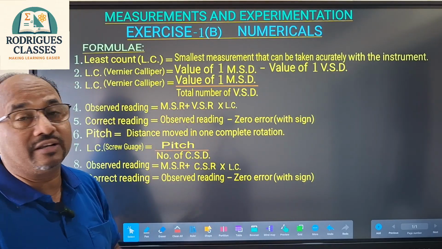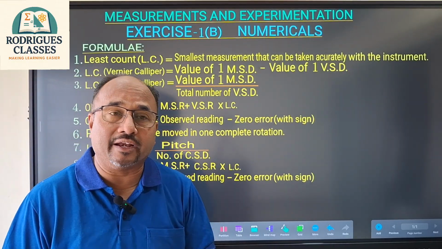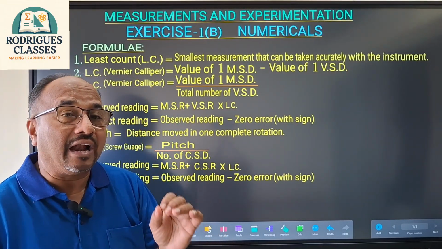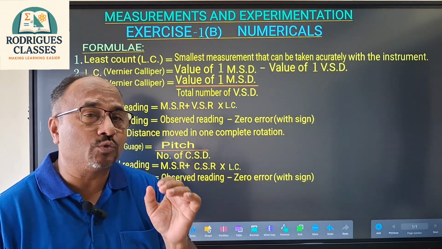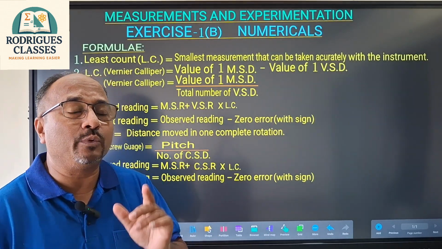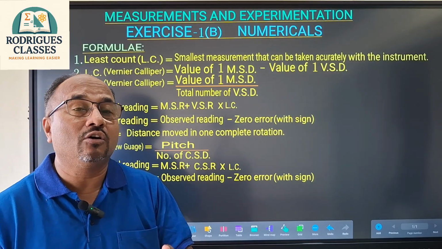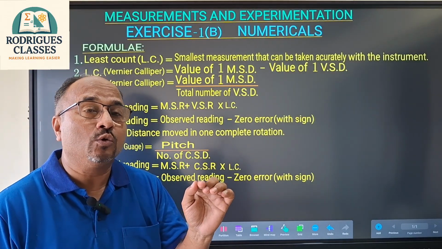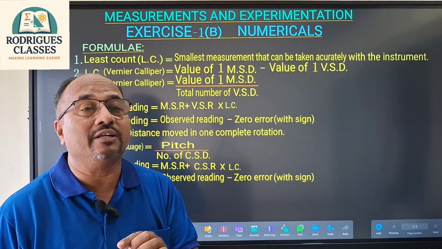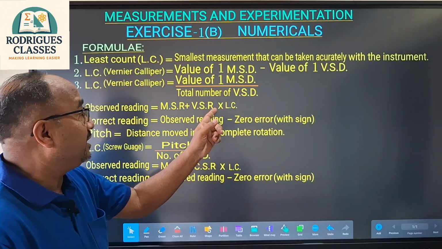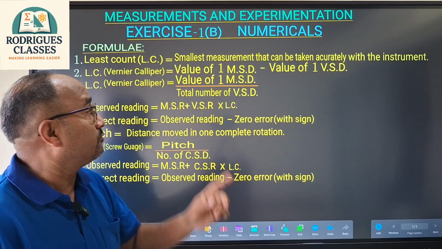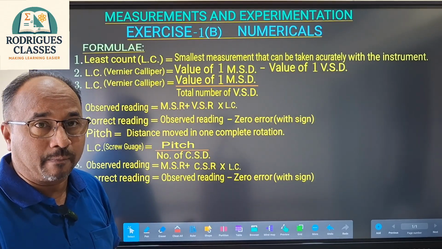And then comes the vernier scale reading. This is always that particular marking of the vernier scale which matches exactly with one of the divisions of the main scale. Whichever one is coinciding, that becomes your vernier scale reading, and that needs to be multiplied with the least count.